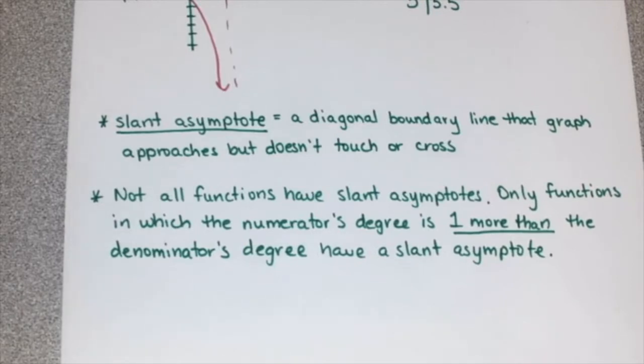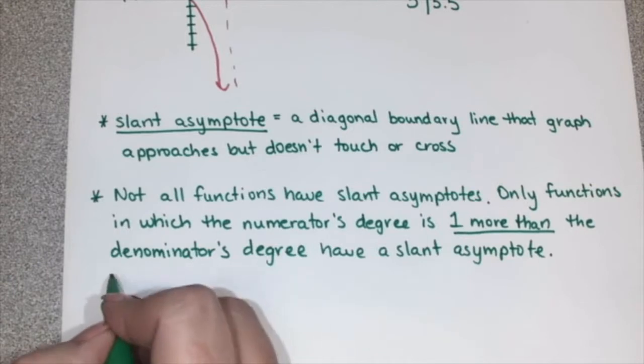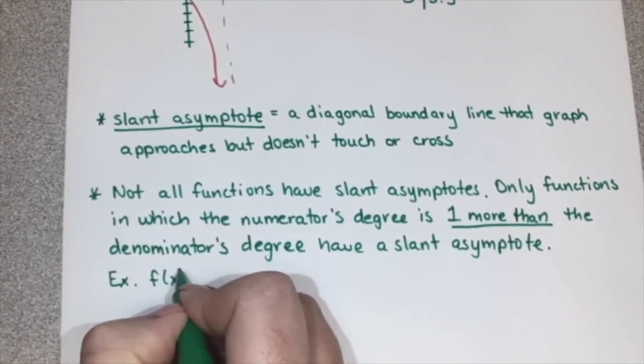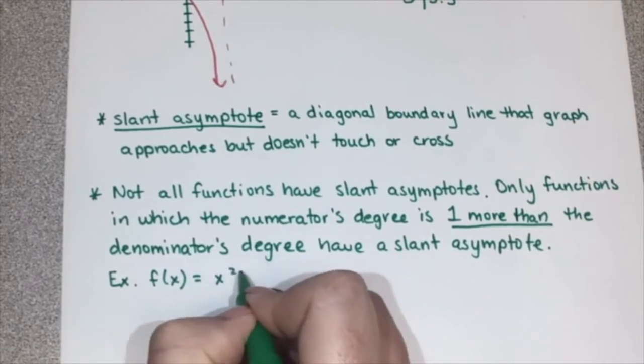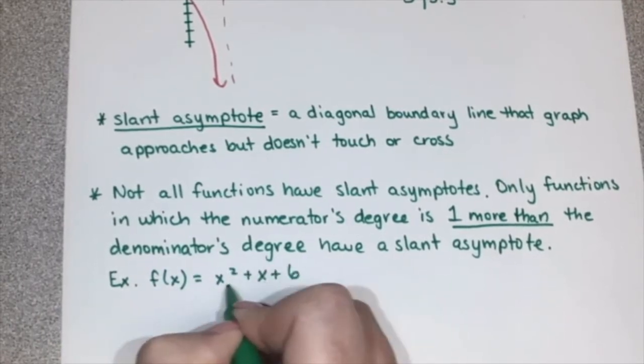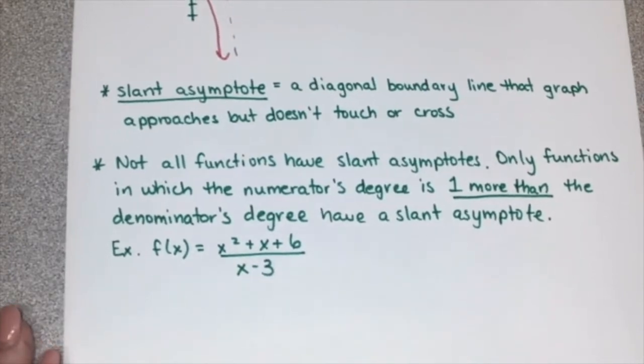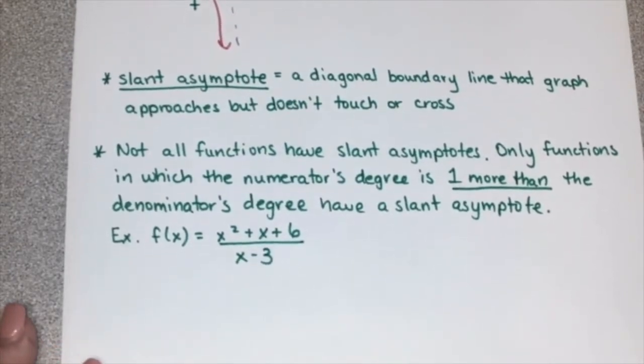So I'm going to tell you how to find them in a minute, but I want to show you what I mean by the top degree is exactly one more than the bottom. So notice in this function, what's the power of the top? Or degree? 2, right? What's the degree of the bottom? 1.